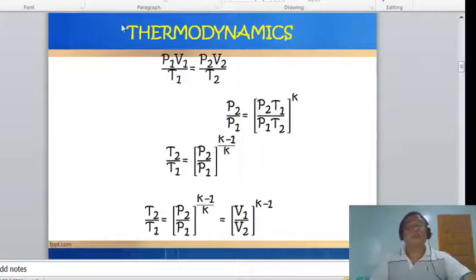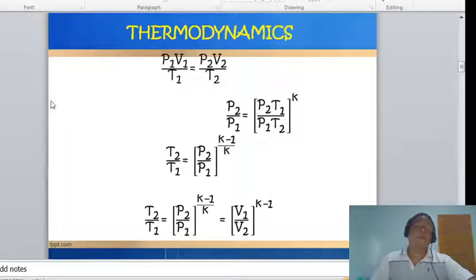From the combined ideal gas equation, P sub 1 V sub 1 over T sub 1 is equal to P sub 2 V sub 2 over T sub 2. And the ratio of the pressure, P sub 2 over P sub 1, is equal to V sub 1 over V sub 2 raised to k. Getting now the ratio of the final temperature and the initial temperature, that is equal to P sub 2 over P sub 1 raised to k minus 1 over k.